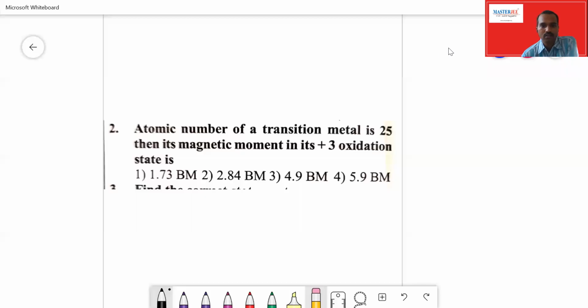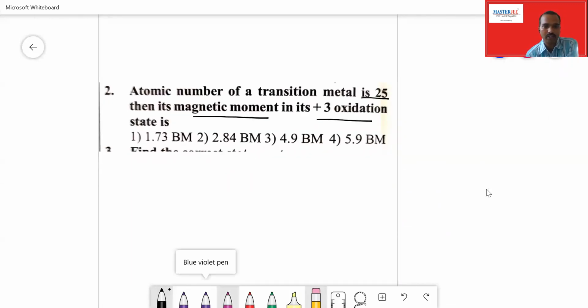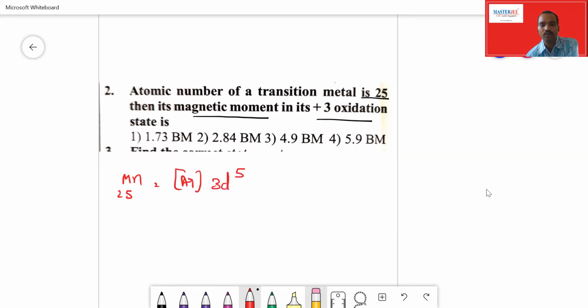Next question. The atomic number of a transition metal is 25, and they are asking the magnetic moment in its +3 oxidation state. So I'm going to take manganese, whose atomic number is 25, electronic configuration argon 3d5 4s2. 2 electrons are lost from 4s and 1 electron from 3d, so the configuration will be 3d4 4s0.